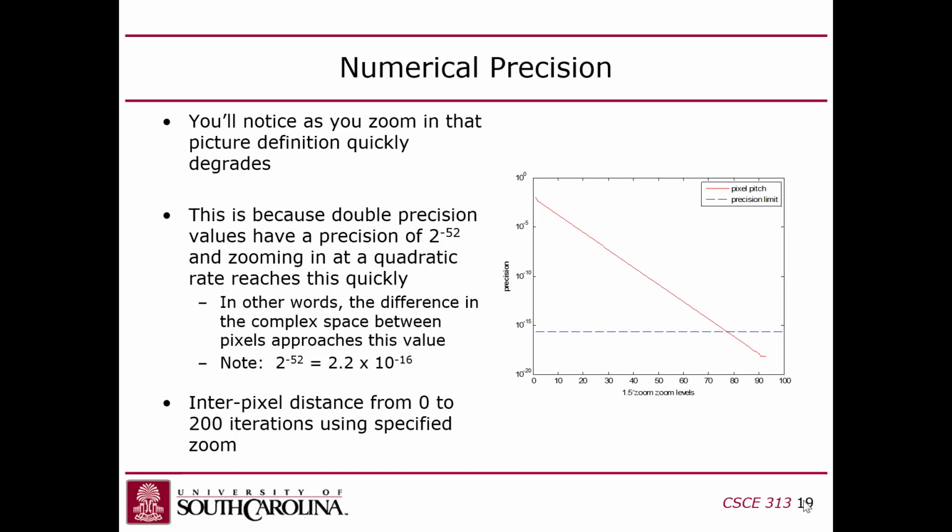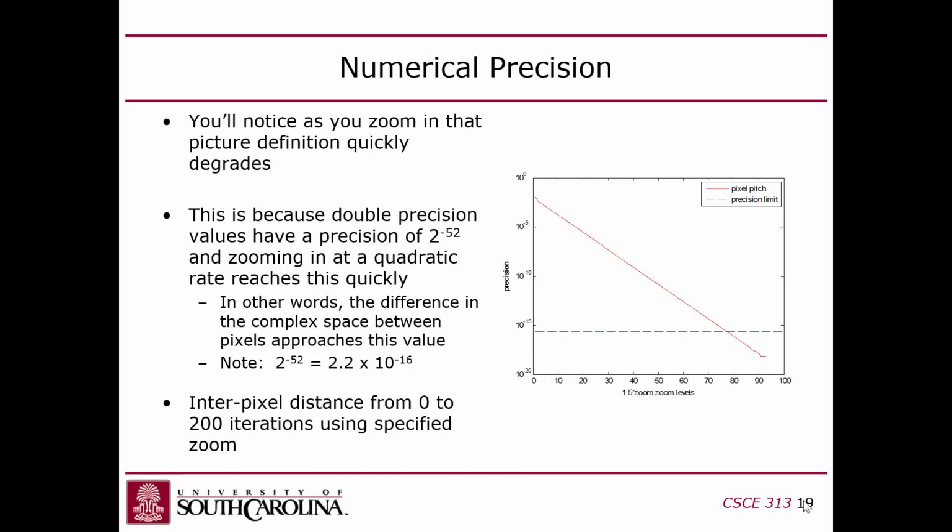I did this little plot where as you increase the zoom level exponentially, you essentially lose a bit. What you're basically doing is that it's costing you a bit of precision every time you zoom in. So eventually you run out of bits, you run out of precision, and the picture will start to block up.